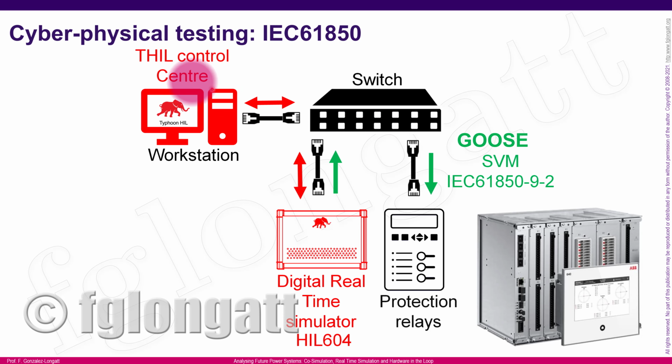We have the workstation. With the workstation, we are connected using a classical Ethernet copper wire to a switch. From the switch, we are going again using the Ethernet communication protocol to the real-time simulator, in this case the HIL 604, and then from the same switch, using just digital signals in this very specific communication protocol, IEEE 61850, we communicate directly using digital signals to the protection relay.